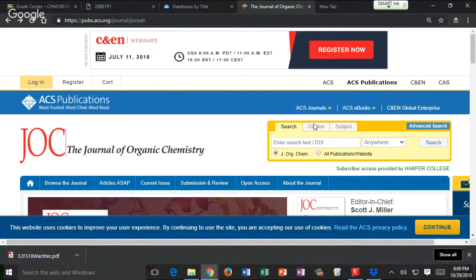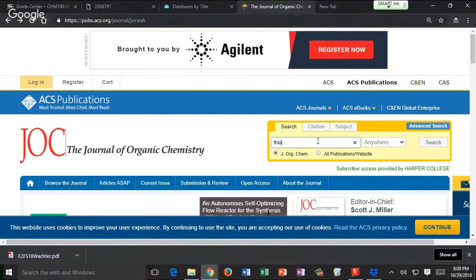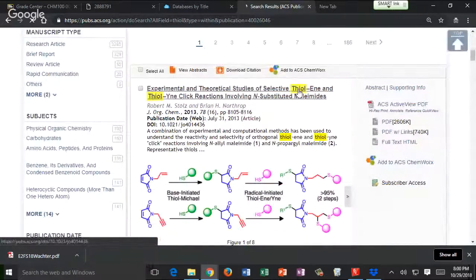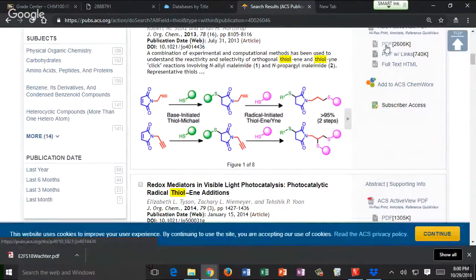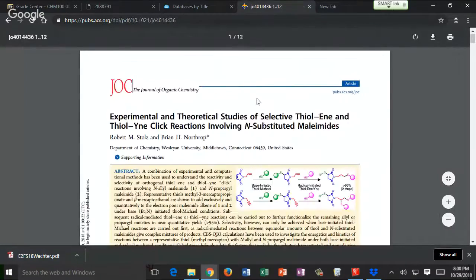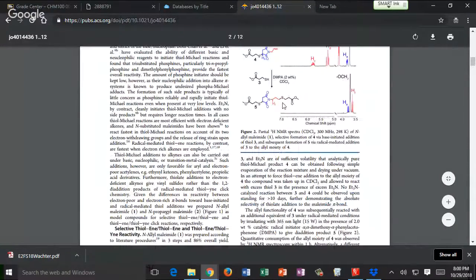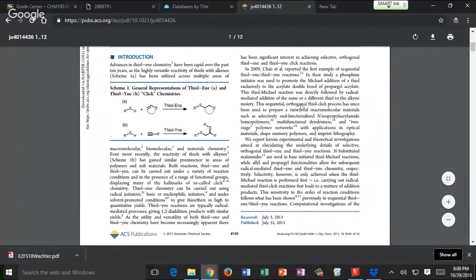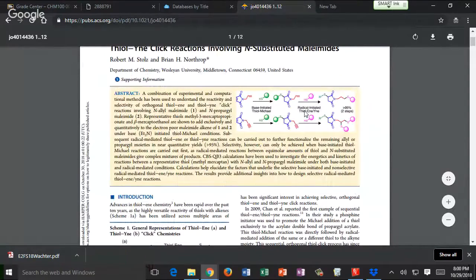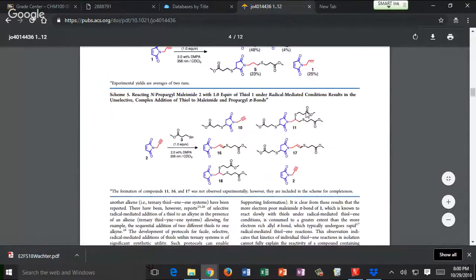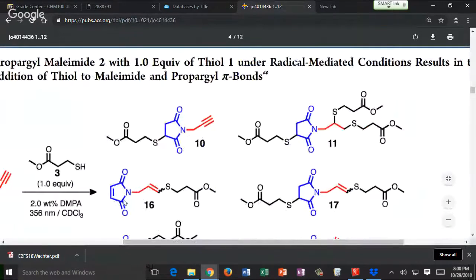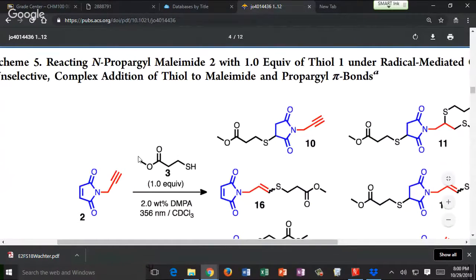Like the thiols are a little specific, maybe not in every paper. So I could search for just that name, thiol. And I bet I'll find some here. Yeah, there's one. So here's a molecule that has an ester on one side and a thiol on the other side.